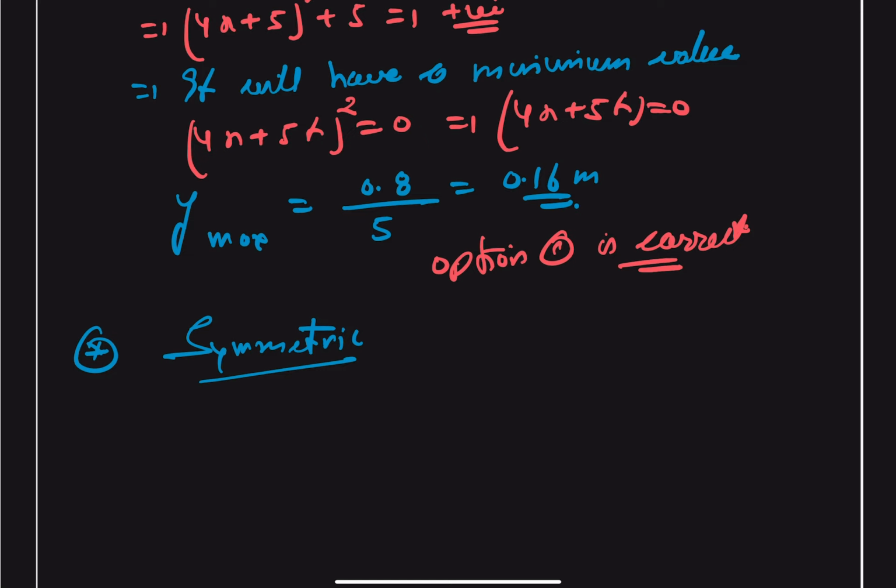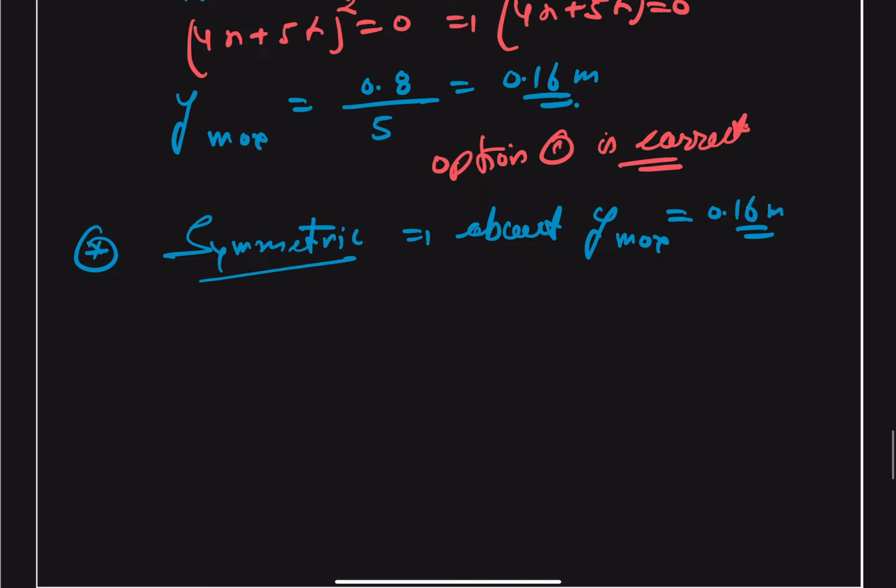And now we come to the last part, which is symmetricity. We are going to check if it is symmetric about y max, and y max is our 0.16 meters. So we can draw this: this is our point of y max, and we have our x-axis and y-axis, and this is our 0, that is t equal to 0.